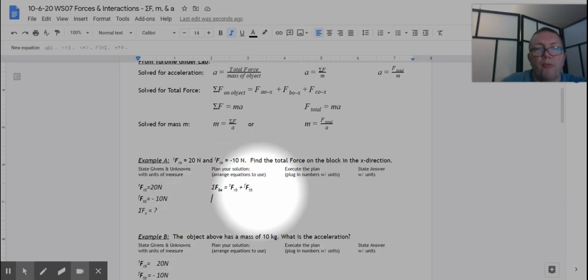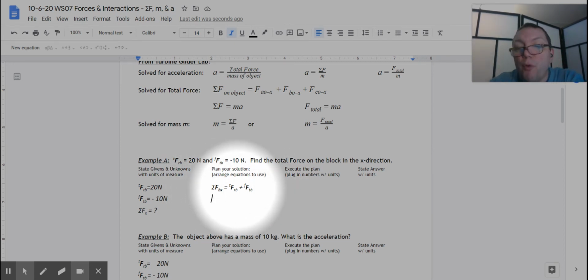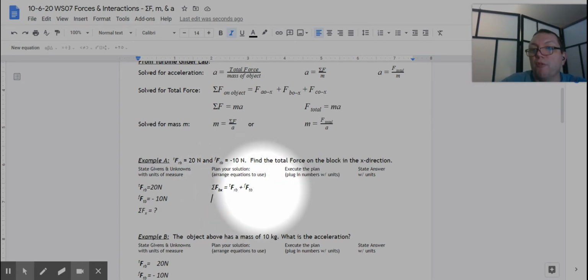There, made it a little bigger. Hopefully that helps. So the sum of the forces is this force plus this force. Now, it's always the sum of the forces. It's possible that some of the forces are negative, so they would end up acting in different directions. So that's planning my solution, putting down the mathematical relationship I'm going to use.